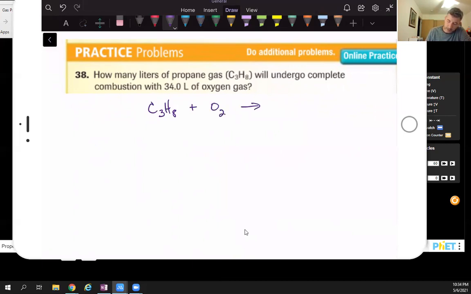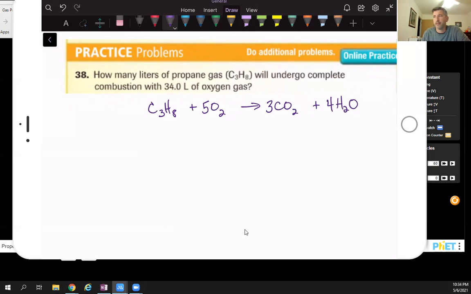And this is going to make CO2 plus H2O. So this one, we had 3 and we had 4, and that gave us 10 oxygens, so we put a 5 there. So there's our balanced equation.